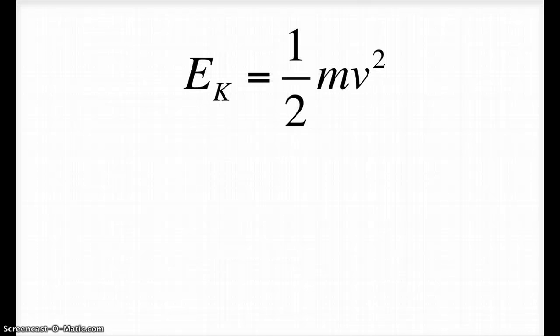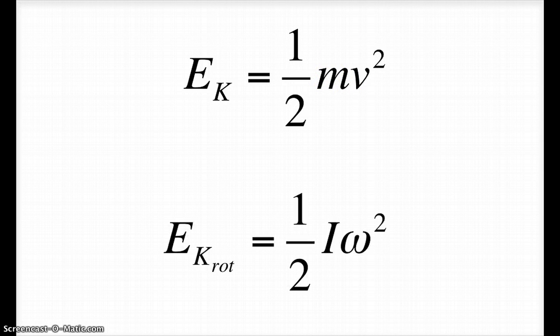Good old-fashioned kinetic energy, which is called translational kinetic energy, is given by the formula 1/2 mass times speed squared. So what's the formula going to be for rotational kinetic energy? Well, instead of regular inertia, we need the rotational inertia, or the moment of inertia. We call that I, the moment of inertia. And instead of regular old linear speed, we use omega, which represents the angular speed.